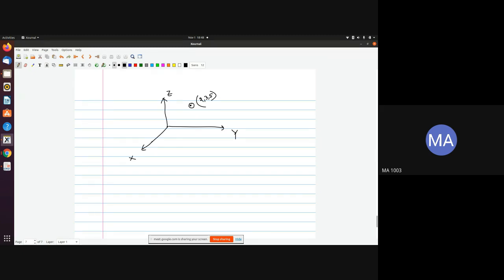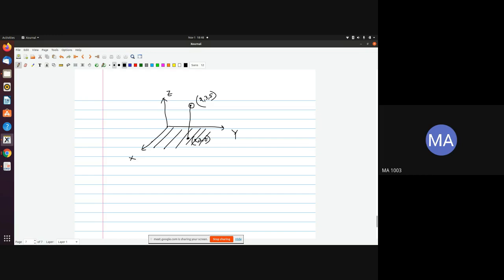So in layman's language, if I project it onto the xy plane, what will I get? 2, 3, 0, right? Now the xy plane is basically a subspace of R3. Correct?